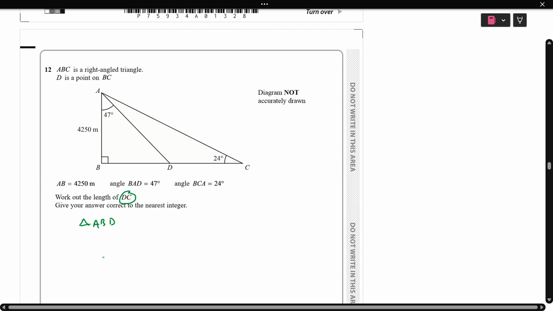So see, this is adjacent and this is opposite, so I need to use tan because SOH CAH TOA, opposite and adjacent involve tan. So tan 47 degree equal to BD over 4250.